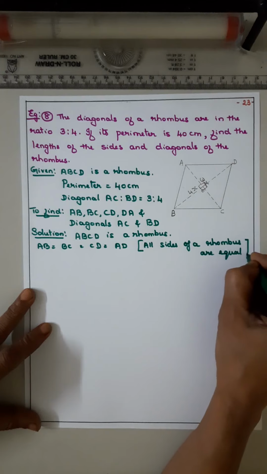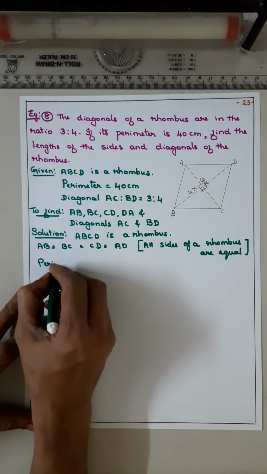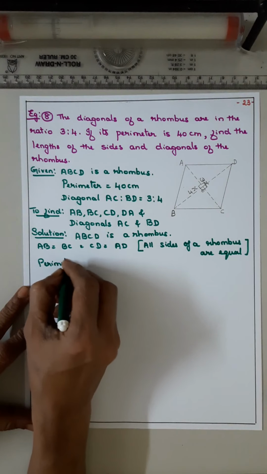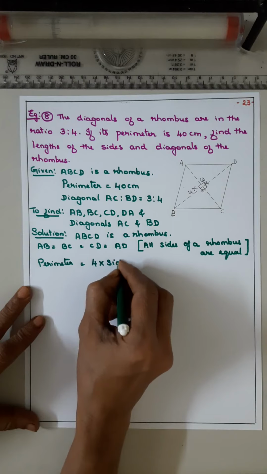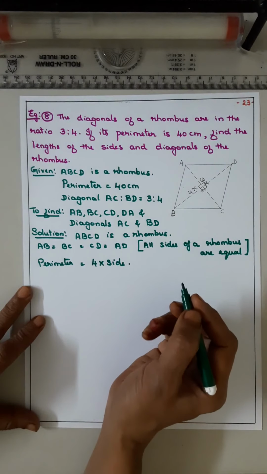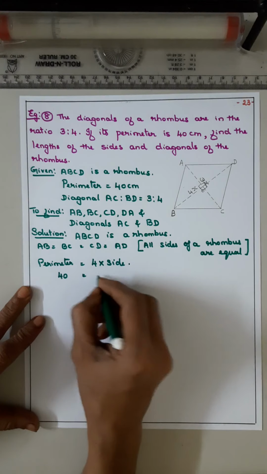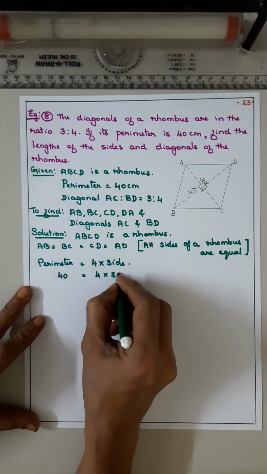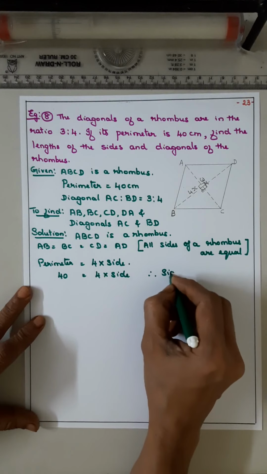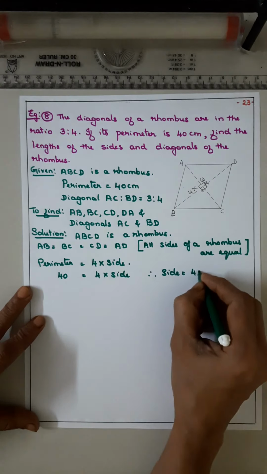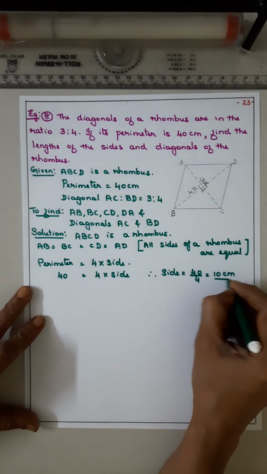Now we have to find the side, isn't it? Perimeter is given. When all the sides are equal, what is the formula? 4 into side, just like in a square. Now the perimeter is given as 40 and it is 4 into side. Therefore, side is equal to 40 upon 4, that is 10 centimeters.